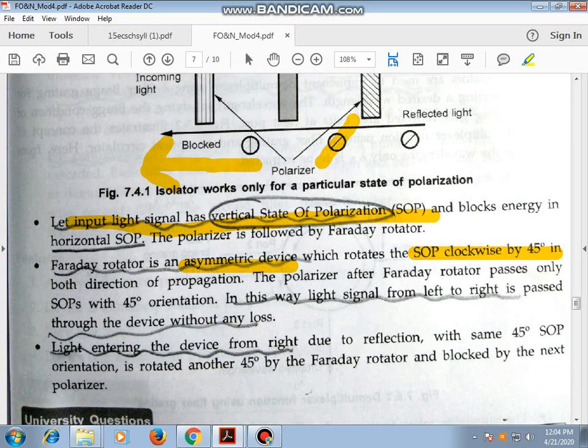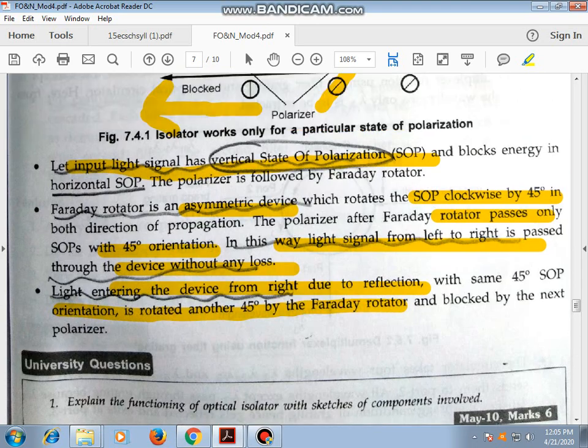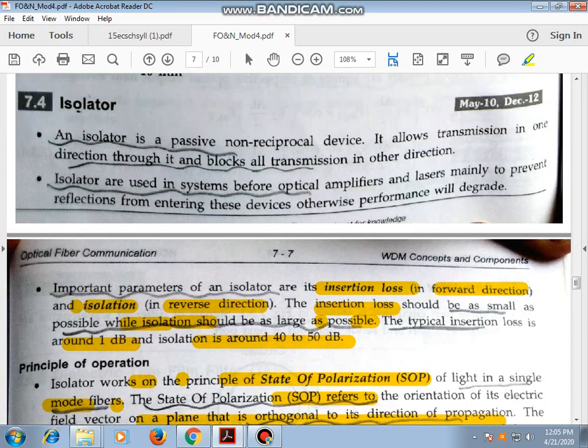The polarization after the Faraday rotator passes only the state of polarization with 45-degree orientation. In this way, the light signal from left to right passes through the device without any loss. The light entering the device from the right, due to reflection with the same 45-degree state of polarization, is rotated by another 45 degrees by the Faraday rotator and blocked by the next polarizer. This is the operation of an isolator.